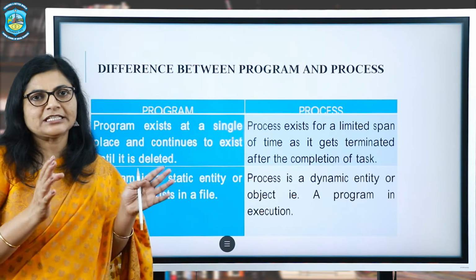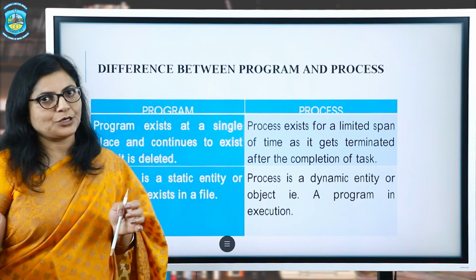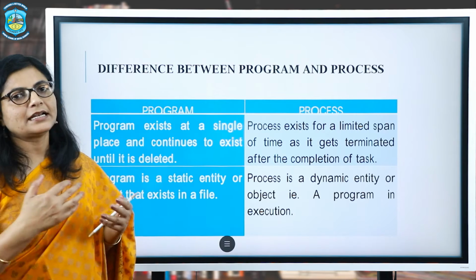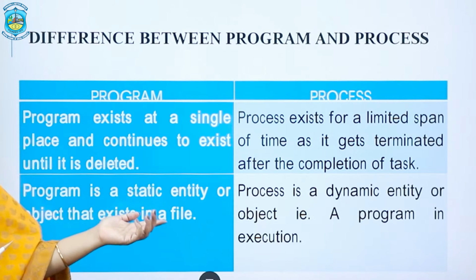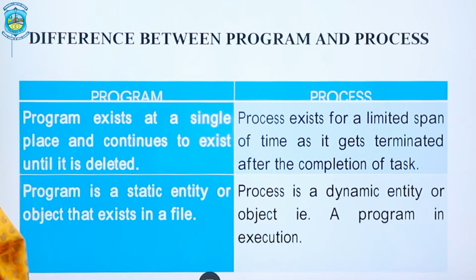It has a limited span of time only until it is getting executed. It remains in the memory, otherwise it gets deleted. Next difference is program is a static entity or object that exists in a file. Since it is in the secondary memory, it is not executing.